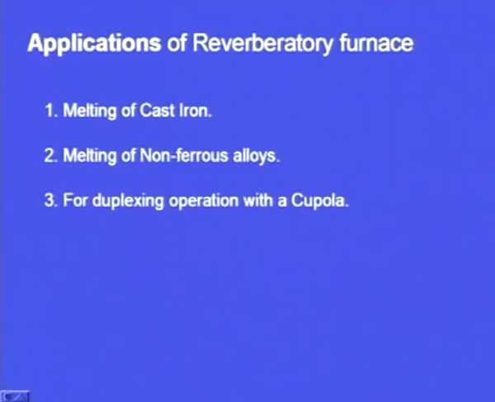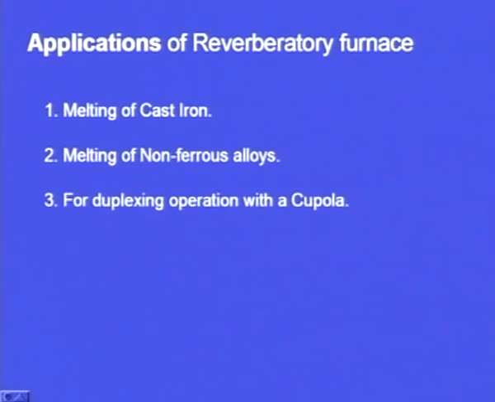Higher pouring temperature is required, and that is difficult to obtain with cupola furnace, and such a higher temperature can be obtained using reverberatory furnace. So we tap the molten metal from the cupola furnace and we feed it in the reverberatory furnace. So this is superheating. So this can be used for melting and also for superheating.